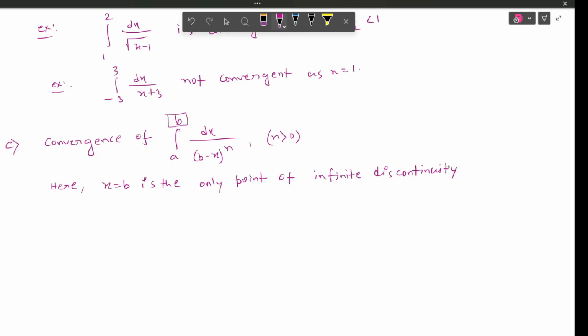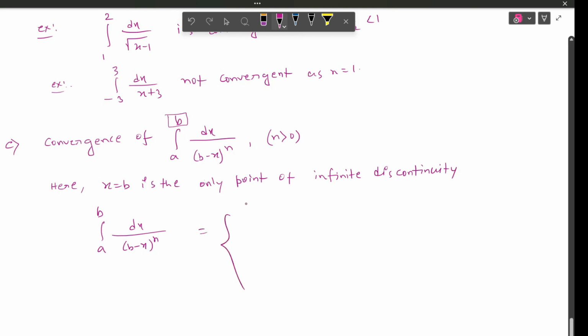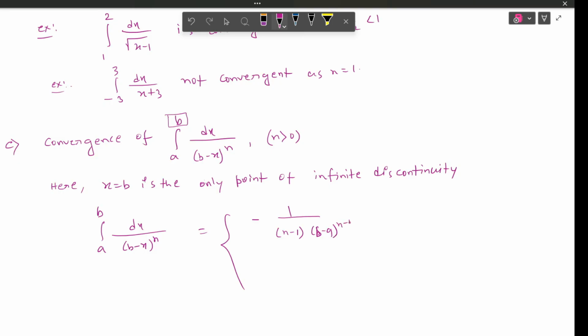Okay. So if you integrate this in the b minus x to the power n format, you will get this value as 1 by n minus 1 into b minus a to the power n minus 1 when n is less than 1.